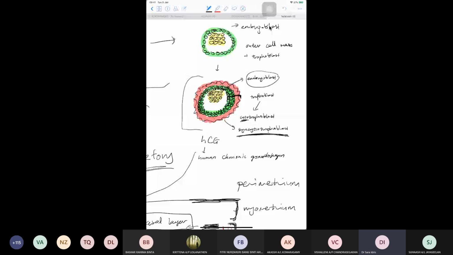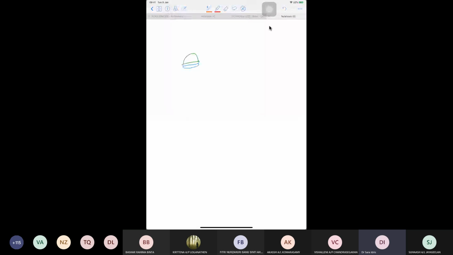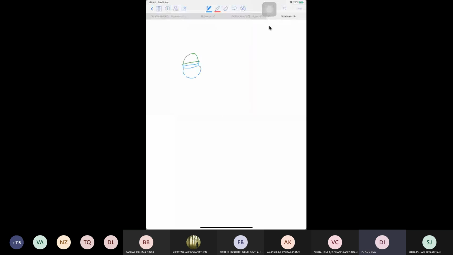All right, so now we're going to draw the embryo again. You have the embryo. Now that is not just going to become the embryoblast. You're going to have a bilaminar disc now. Let's see what color shall we do. Just do blue. Okay, so that's your bilaminar disc.